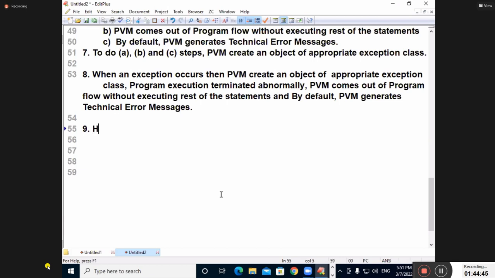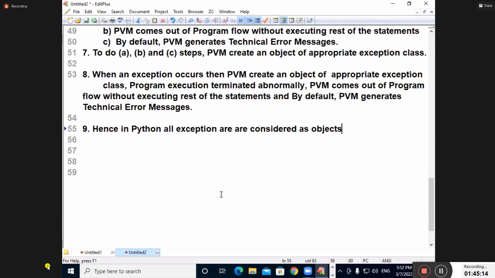Hence, in Python, all exceptions are considered as what? Objects. All exceptions are considered as type error, value error, syntax error, indentation error, index error, zero division error.